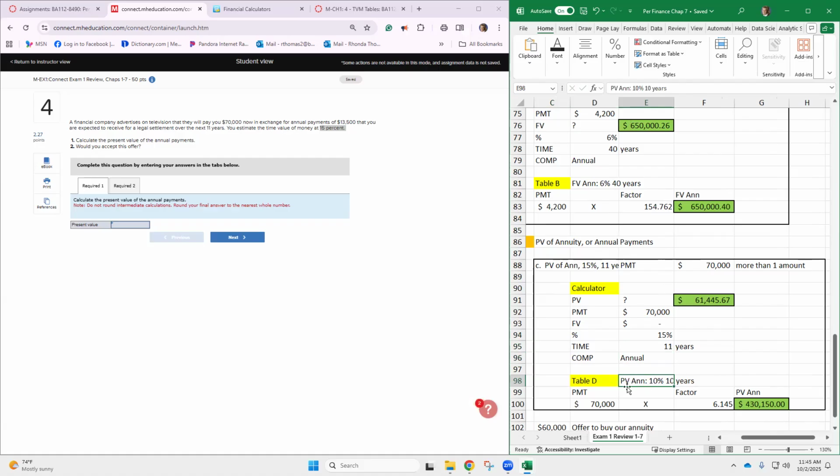Then I've got to look on table D for doing it the table way. So one more time, 15%, 11 years. You can really confuse your numbers if you're not paying attention. All right, I've got to look up this factor on the table.